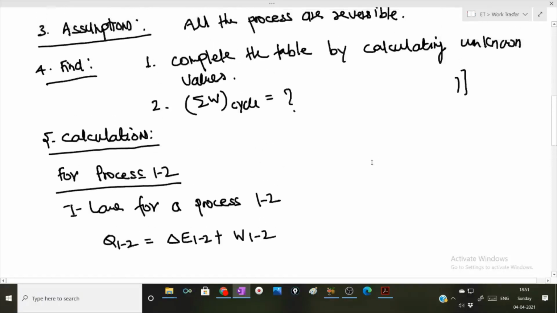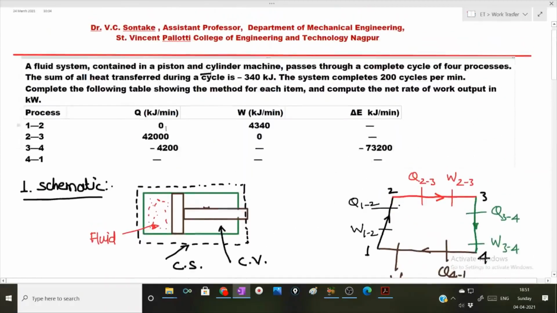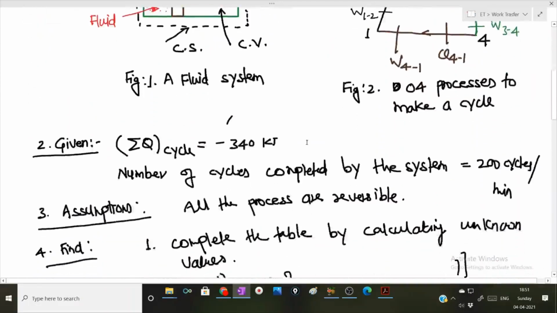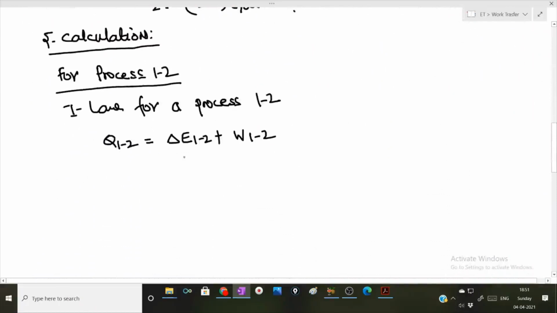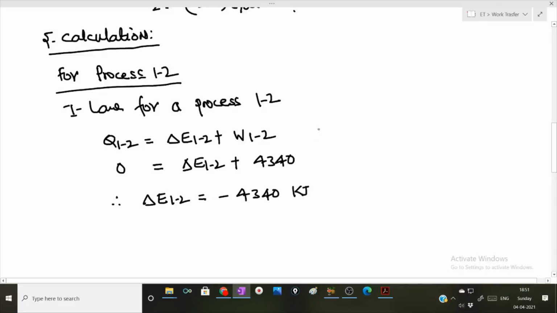Now if you refer to the table, the value of Q1 to 2 during process 1 to 2 is 0 and W is 4340. So Q1 to 2 is 0, delta E1 to 2 plus the value of W1 to 2, which is 4340. From here, the value of delta E1 to 2 will be minus 4340 kilojoule per minute.